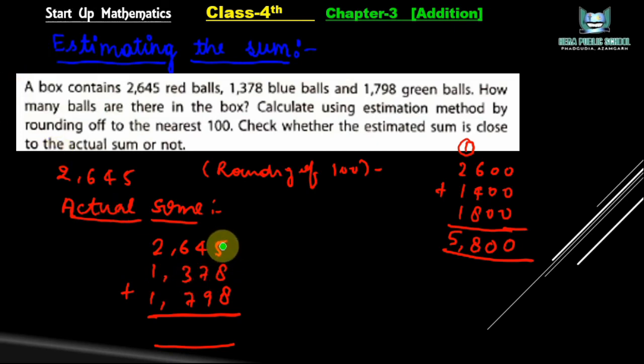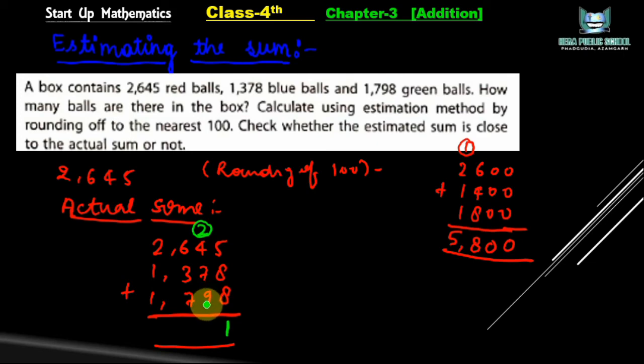Now we have to find the actual sum of the balls. 5 plus 8 is equal to 13. 13 plus 8 is equal to 21. So we write 1 in the ones place and 2, take 2 as a carry. 4 plus 7 is equal to 11, and 11 plus 9 is equal to 20.